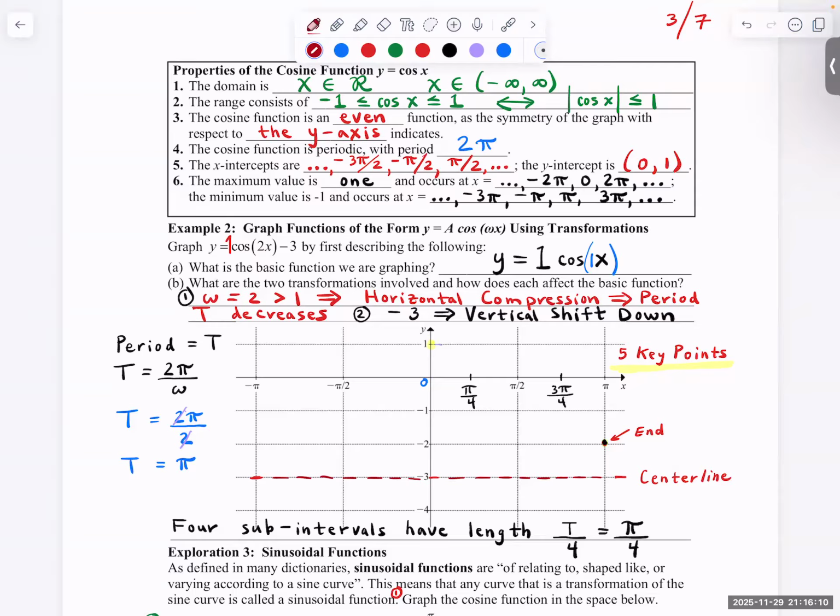And let's show the basic function, the cosine function. It begins at its peak value of 1. So at 0 radians, we have a function value of 1. At pi over 2, the cosine function value is 0. At pi radians, the cosine function value is -1.